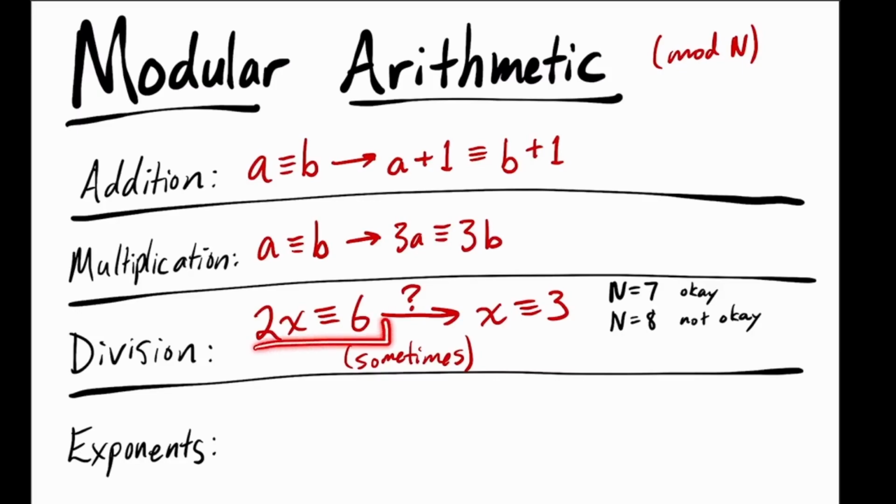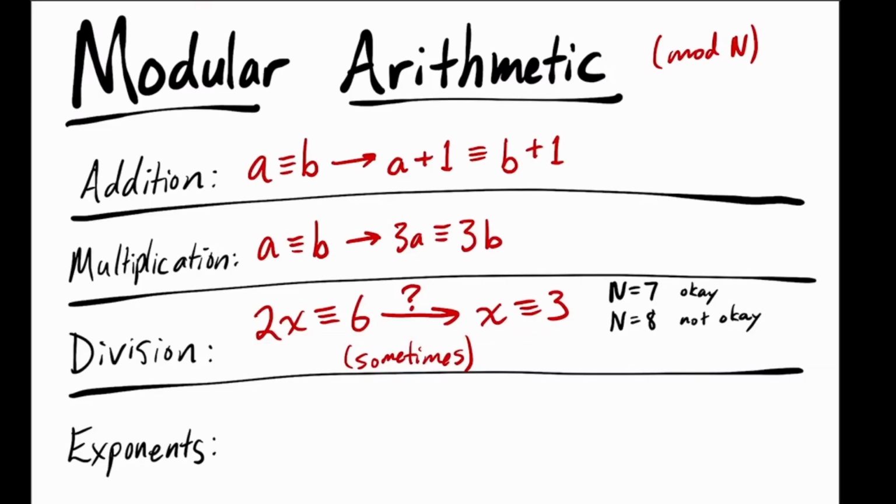When can I divide both sides of an equation by something and have it still be true? Well, it turns out that that's really the heart of a lot of really interesting number theory. So we'll get into this and we'll see exactly when you can do that division and actually how to do that division. So we'll do that.